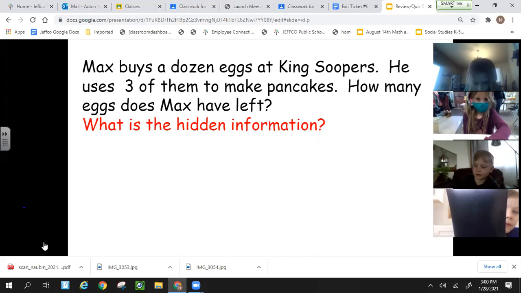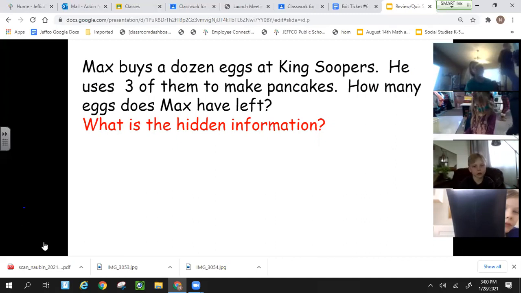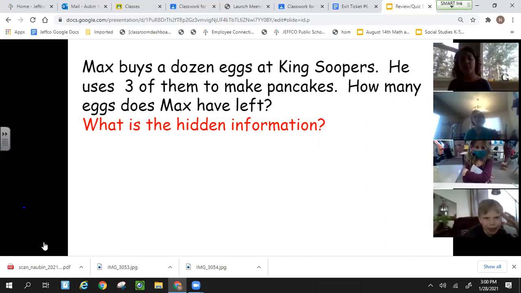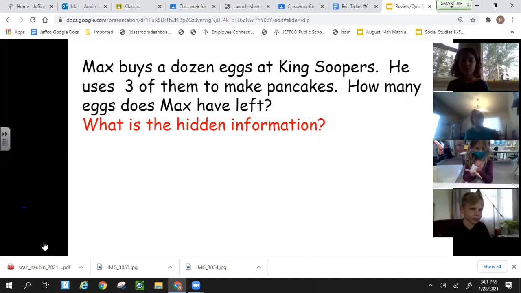The answer is 9. Can you tell me what the hidden information is? What's the hidden information? What does it represent? Okay, Josh Carter, can you help me with this one?